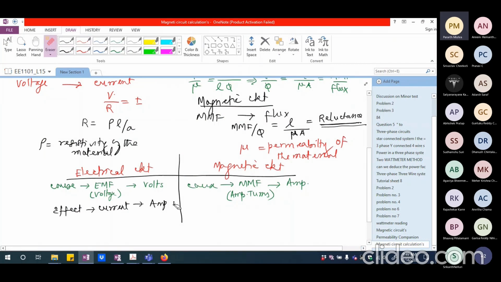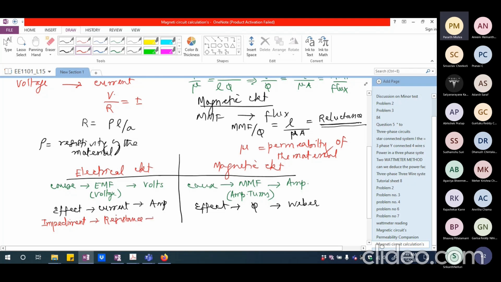Whereas if I am looking at a magnetic circuit, the effect is going to be flux, and the unit is Weber. And here, what is really preventing more current from being built up, that is essentially the impediment, which is not allowing enough current to be built up, that is resistance.